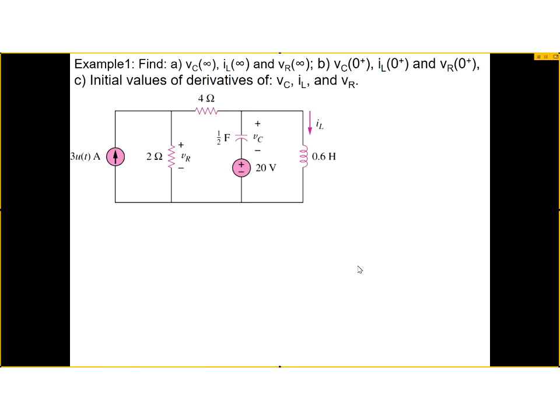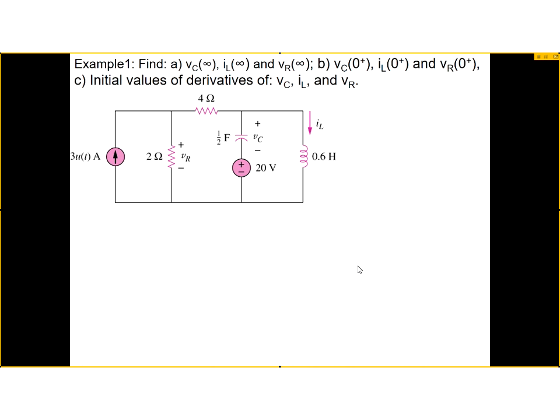Let's look at an example here. Find V sub C infinity. Math teachers will actually have a fit over that, but we know what that means: it's the steady state value of a capacitor's voltage, so it's really V sub C as t approaches infinity. It's a limit.